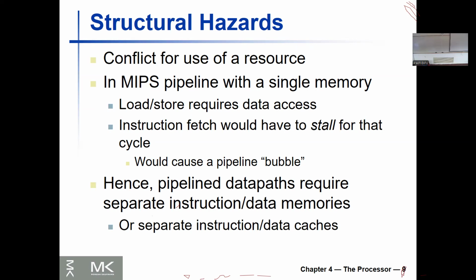Okay, structural hazards, conflict for use of a resource. Well, that's what I explained. I need the ALU and somebody else is using it. So in MIPS pipeline, the one they're thinking about here is the single memory.